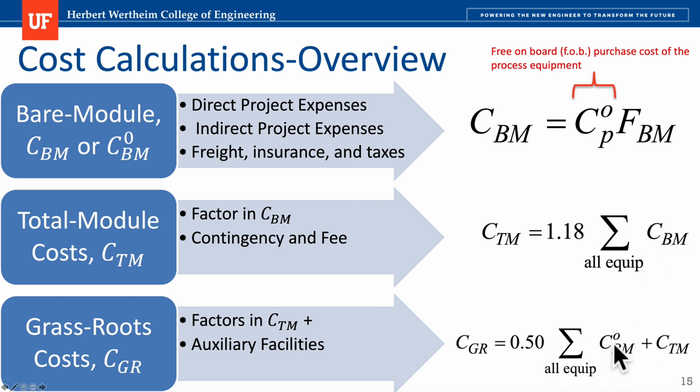But the grassroots module cost uses C_TM, which considers the non-base conditions of the process, and you add a factor that is related to the size of the plant and not necessarily any deviation or cost penalty due to the differences in the process conditions. Once again, I'm going to get through all of this, but I wanted to point that out. So now what we're going to do is focus on doing this calculation. There's going to be a lot of parts for this video, but I hope that you enjoy it. It's really fun to do.